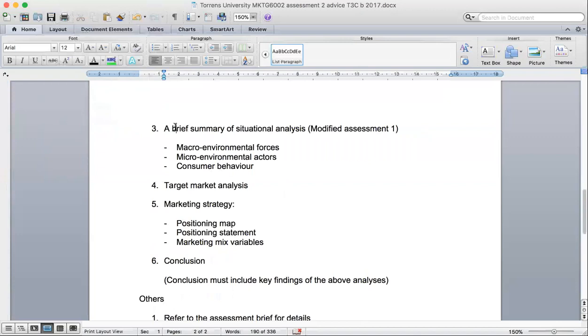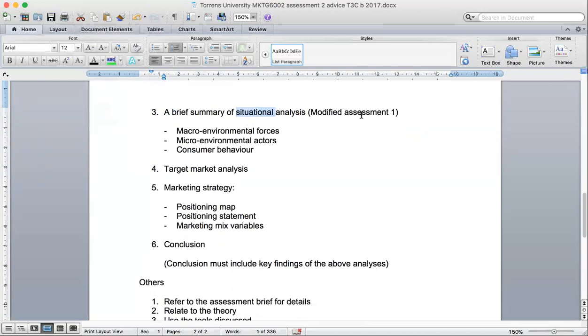Right, the next one is a brief summary of situational analysis. Now this one is implicitly mentioned in your assessment brief, okay? The assessment brief suggests that you need to be able to relate to your situational analysis. So the best way to do it is to summarize the situational analysis that you analyzed in assessment 1, okay?